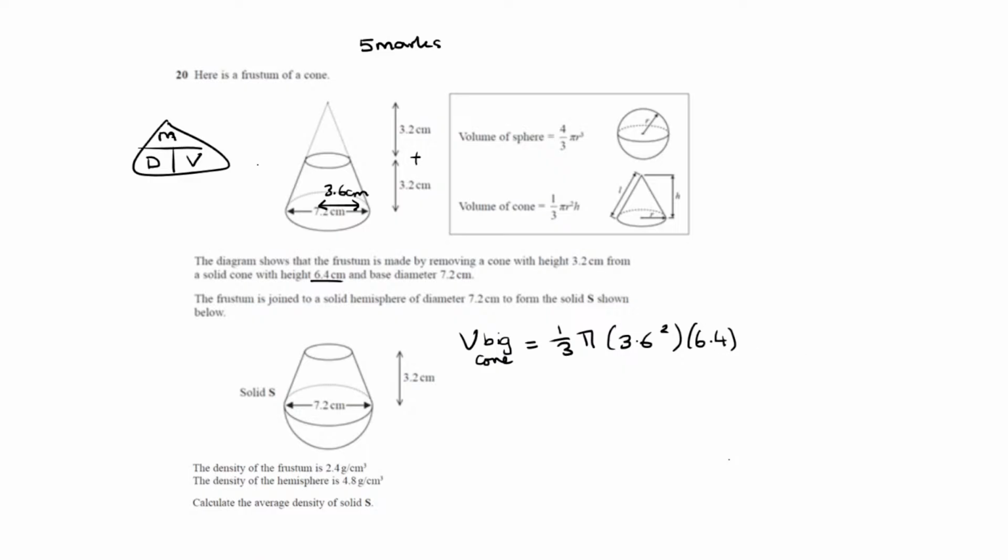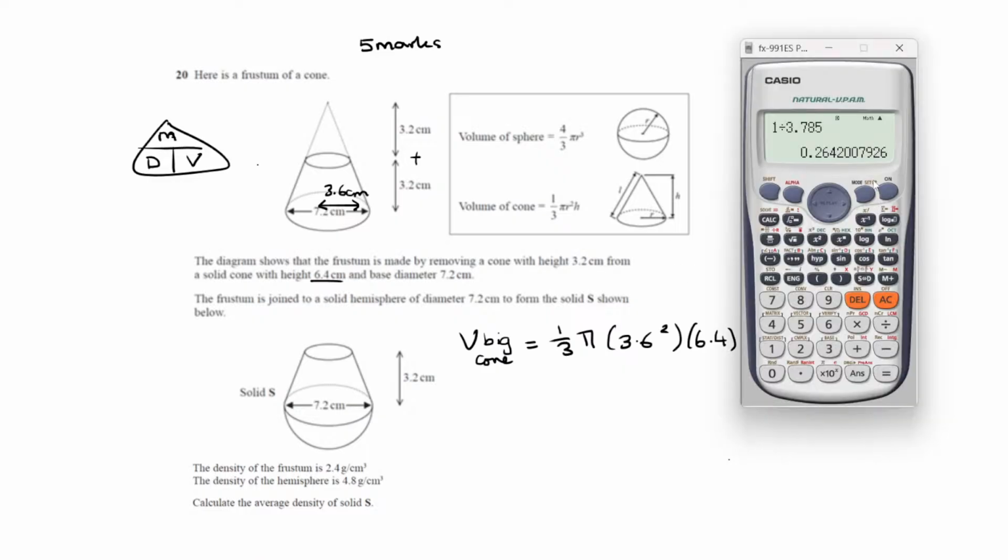Now this was a calculator question, so I am going to just put it in my calculator. Times, make sure you know where pi is as well. All of these little details, make sure you know how to use your calculator properly.